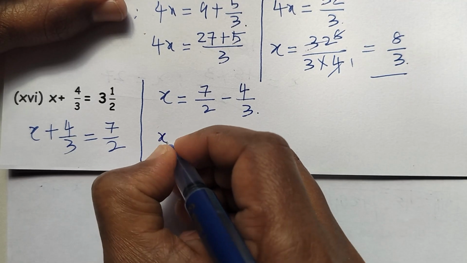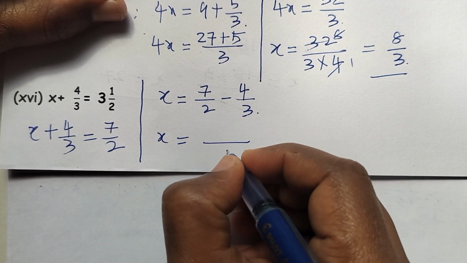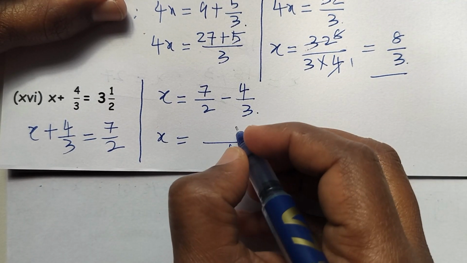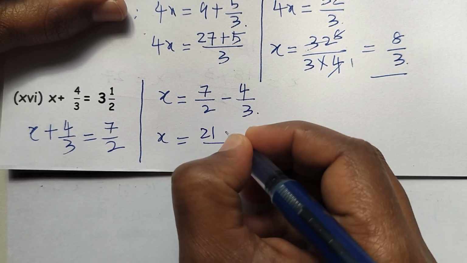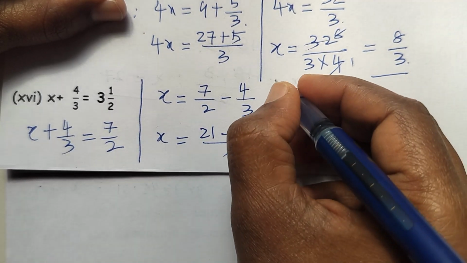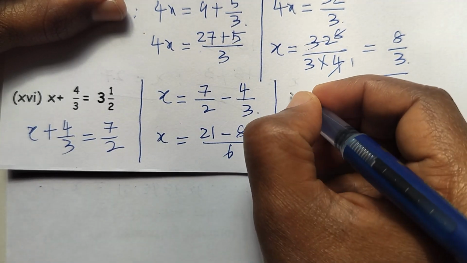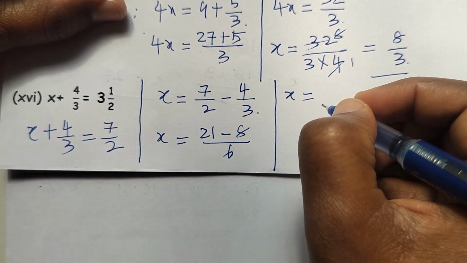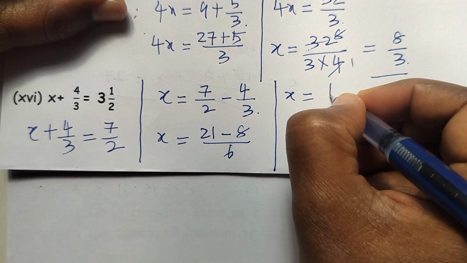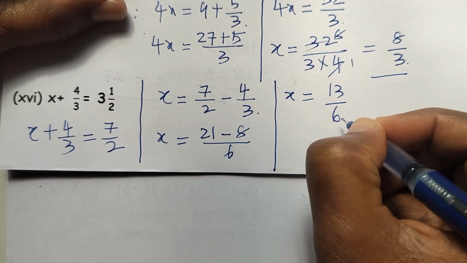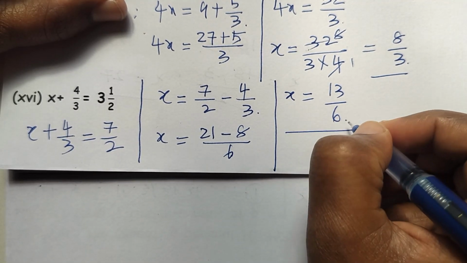So x equal to, taking LCM 6, 21 minus 8. Then x equal to 21 minus 8, it will be 13 by 6. So x equal to 13 by 6.